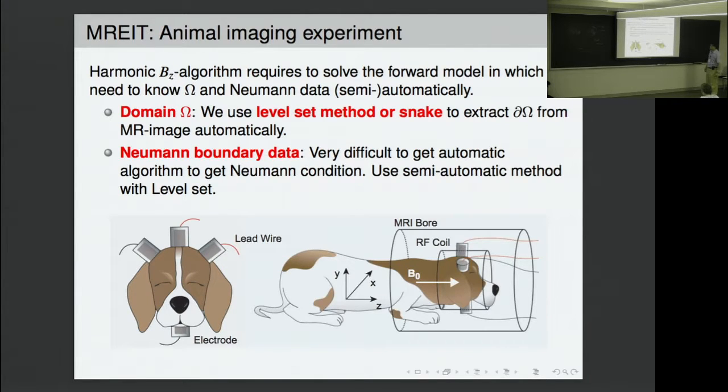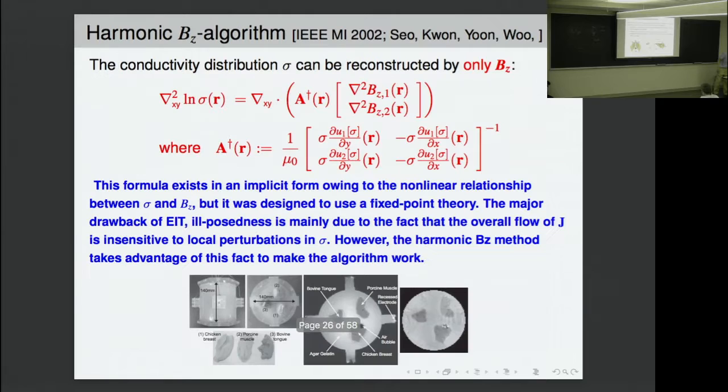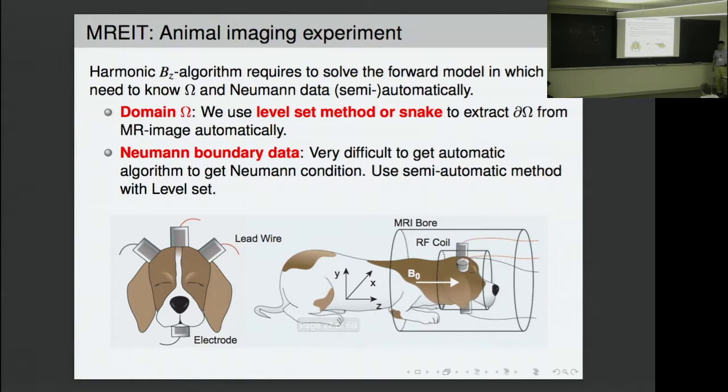But the animal experiment is different from the phantom case. In the phantom case, the domain is given and the Neumann data is given around here. That's easy. But now you move to the animal experiment. At the time, nobody in Korea was doing animal experiments. That was 2004, and you were somehow a beginner of this.